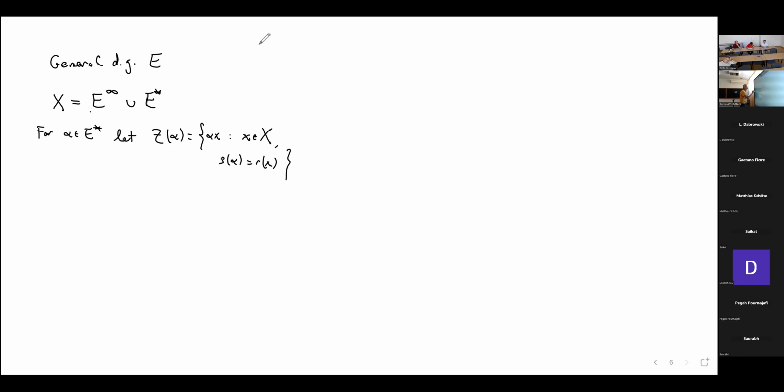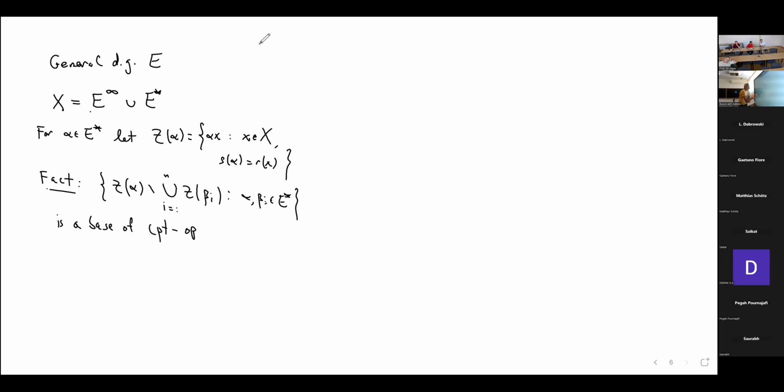And then it's not hard to check, I'll just call this a fact, that if we look at the collection of all sets of differences of cylinder sets, so Z of alpha minus a union i equals 1 to n, Z of beta i, where the alpha and the beta i's belong to E star, so this is a base of compact open sets for the topology.